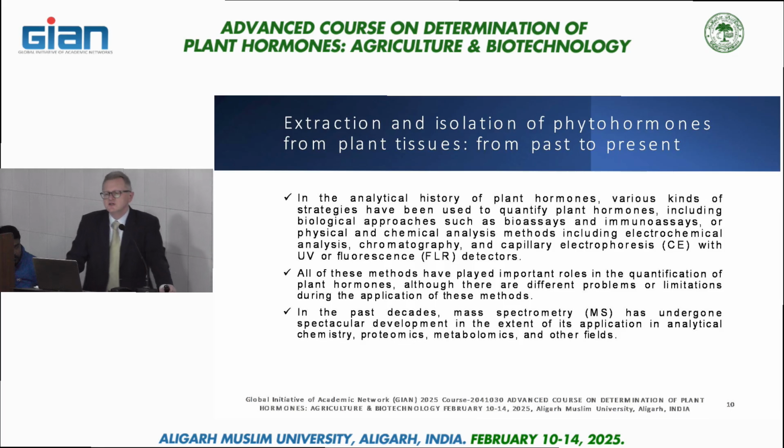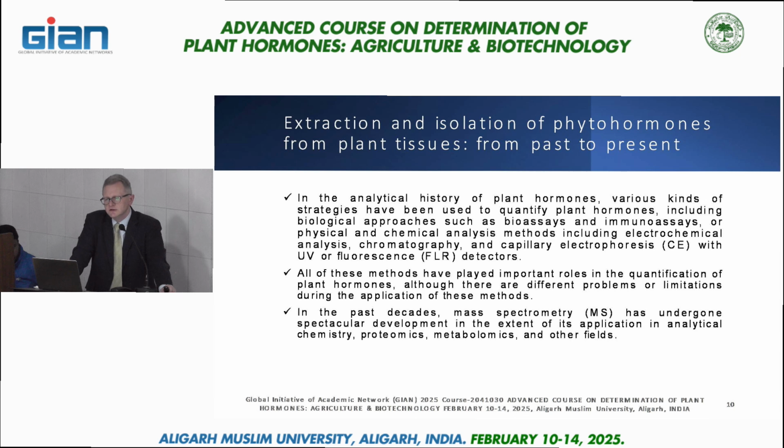One of the major challenges in phytohormone analysis arises from the complexity of plant extracts. Unlike simple chemical solutions, plant tissue contains a vast array of biological molecules, for example, pigments or carbohydrates. These substances can interfere with the detection and quantification of phytohormones, making specific extraction and purification methods necessary.